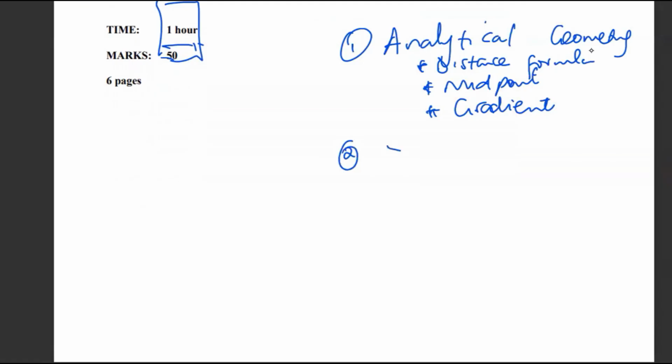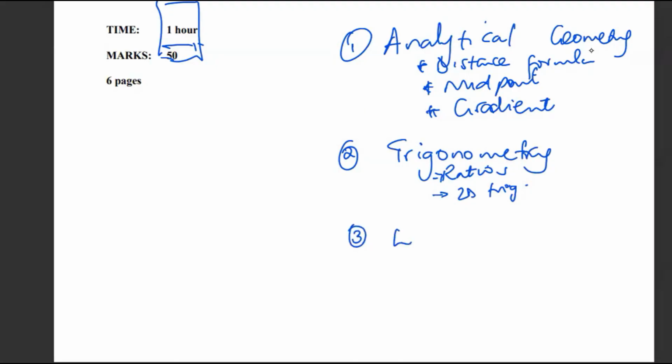2 is trigonometry. This was covered in some portion of term 1 and term 2 work. Under the trigonometry, we need to look at those ratios. How do we operate with the ratios? And then we also have the 2D trig, whereby we solve triangles, looking for missing sides.